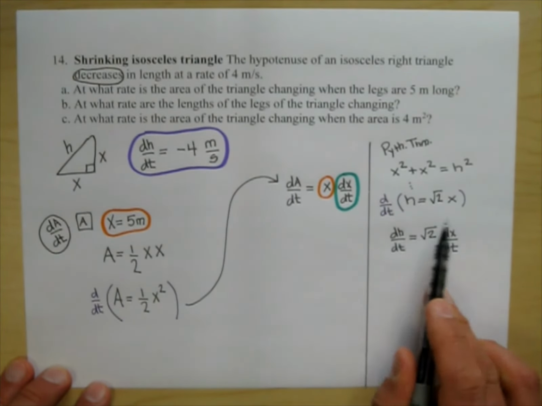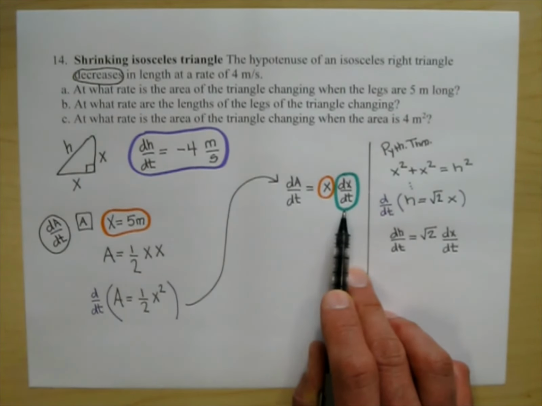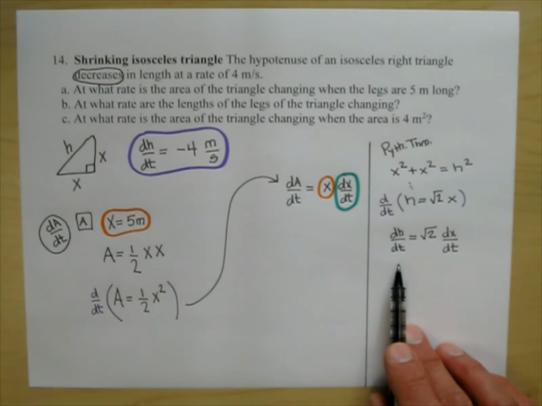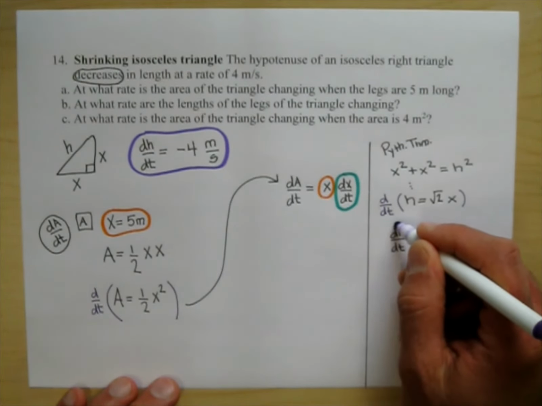And let's see, so we're kind of doing this off to the side because we had another unknown that we didn't think we were going to get, but now we have it here. So look what I have. I have a dh/dt, which was given in the problem. Look at this. This is given in the problem.